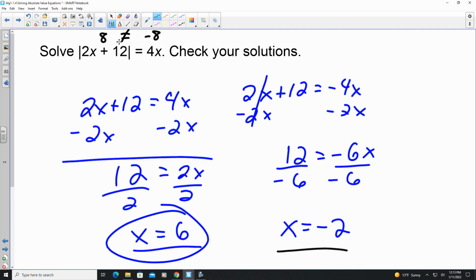So this is what is called an extraneous solution. An extraneous solution is where there's the possibility of getting extra solutions, but it gets rejected when you place it back into the original equation. So the only answer that is viable is x equals 6 in this particular situation.